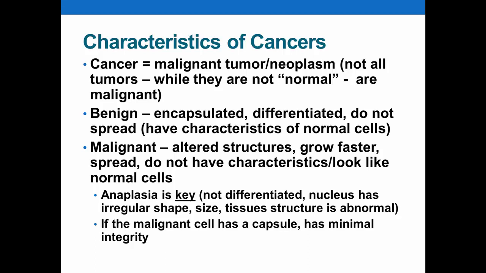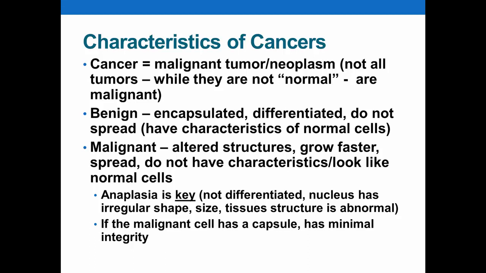When we think about then the loss of normal cell characteristics, what we're talking about is anaplasia, and this anaplasia is key. It means that these cells are not differentiated. The nucleus tends to have an irregular shape and size, and this then results in tissues in whom structures become abnormal.